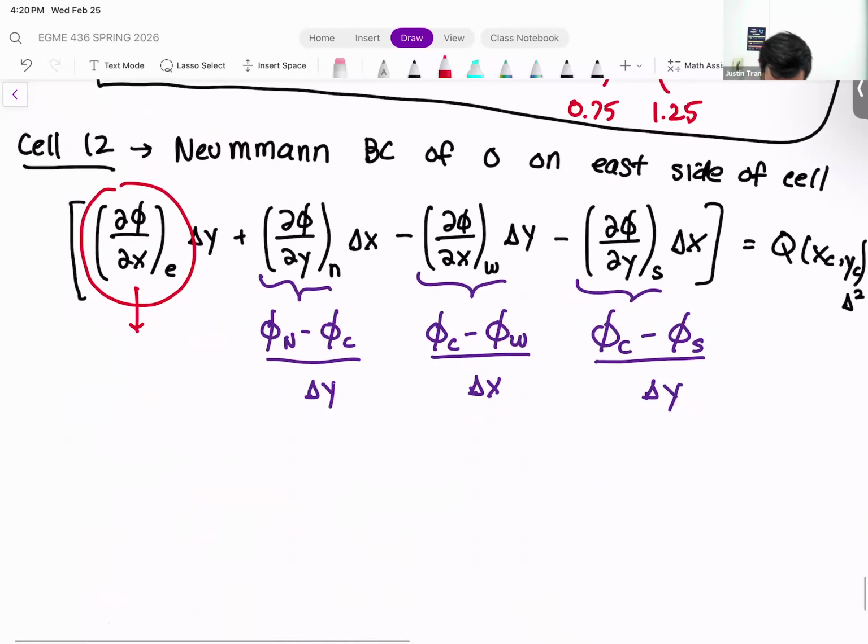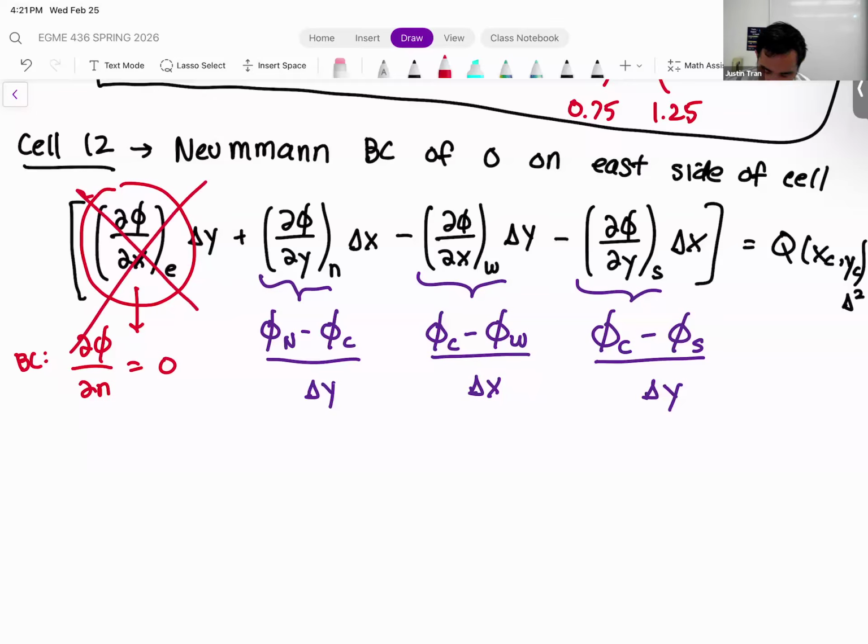So you have partial phi partial n is equal to 0. So this is our boundary condition. Remember, Neumann boundary conditions are very easy to apply in finite volumes. We basically just replace that derivative. And if the boundary condition says this is 0, that means that whole term is going to cancel out.